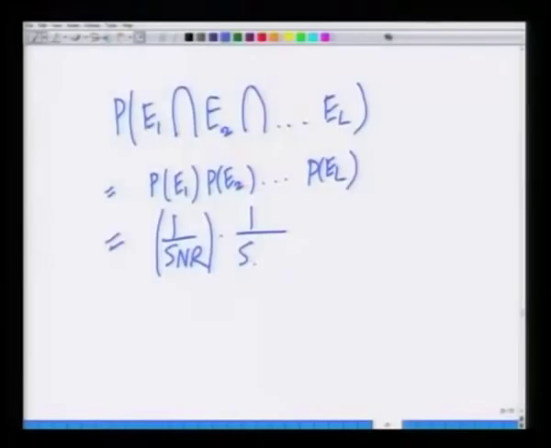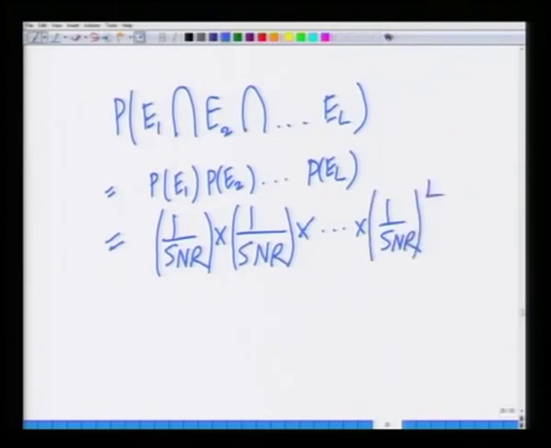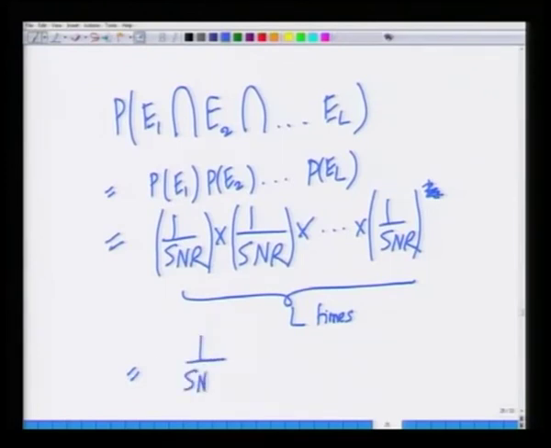P of E2 is the probability that link 2 is in a deep fade, that is 1 over SNR. So, I take the product of 1 over SNR, L times, hence the probability of deep fade now becomes 1 over SNR to the power of L.